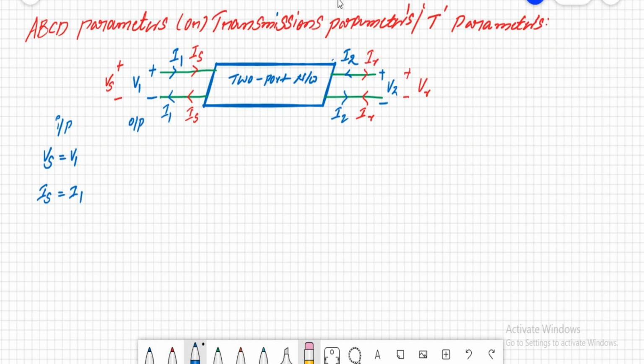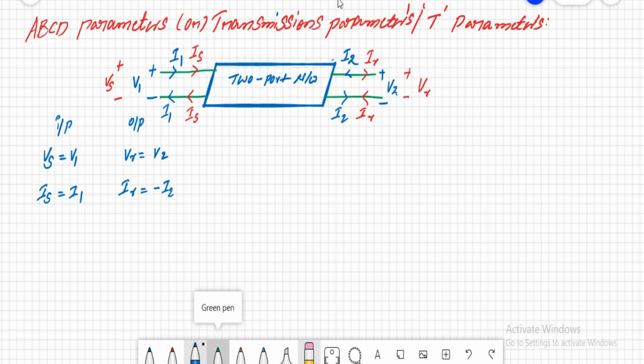VR is equal to V2, but IR is in the opposite direction of I2, so IR is minus I2. This is the change you need to remember. Of the 4 variables, 3 are exactly equal to the previous variables, but IR is opposite to your standard current I2.